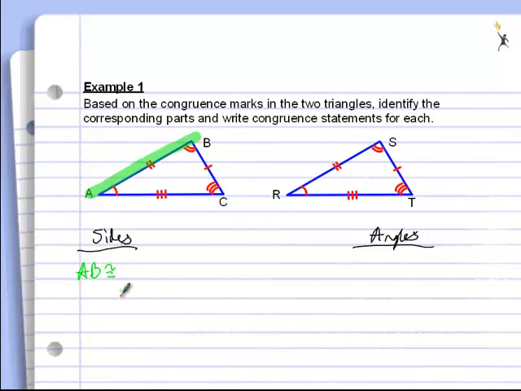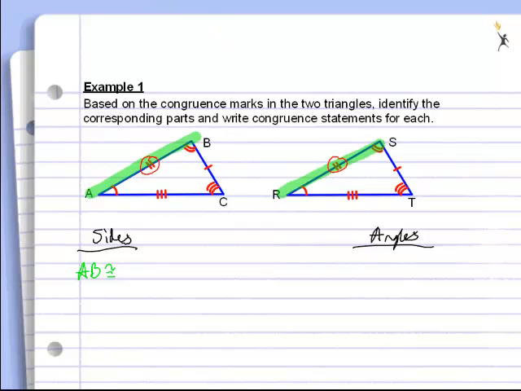AB is going to be congruent to what side on the other triangle? Hopefully you're saying RS. Now, maybe you're saying RS because they're both on the top and left. But I would say RS because of this right here.